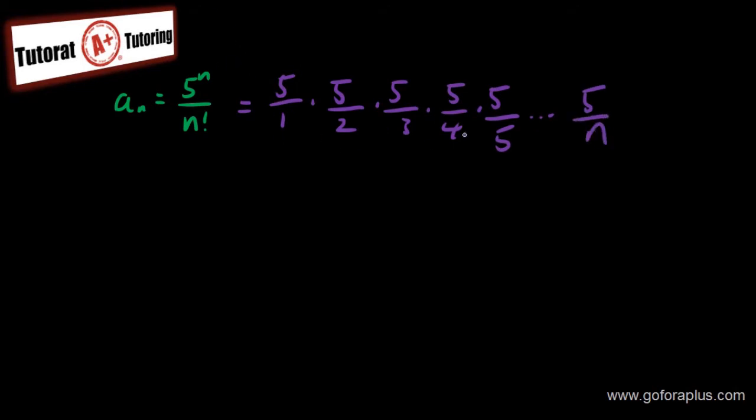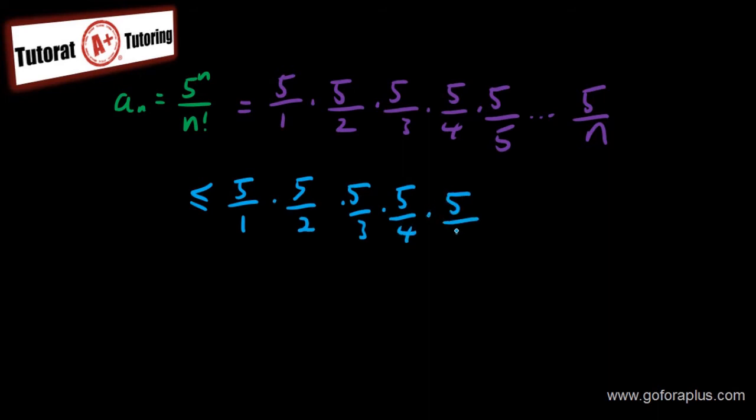Okay, so if you look at this, this is going to be smaller or equal to 5 over 1 times 5 over 2 times 5 over 3 times 5 over 4 times 5 over n, right? Because after 5 over 5, you see 5 over 6, 5 over 7.